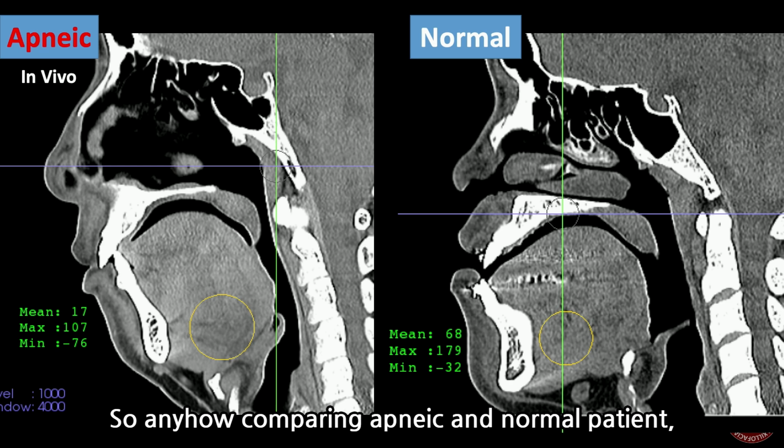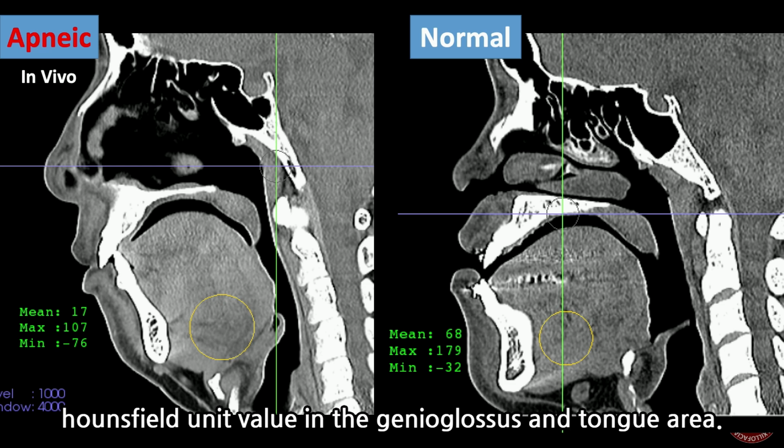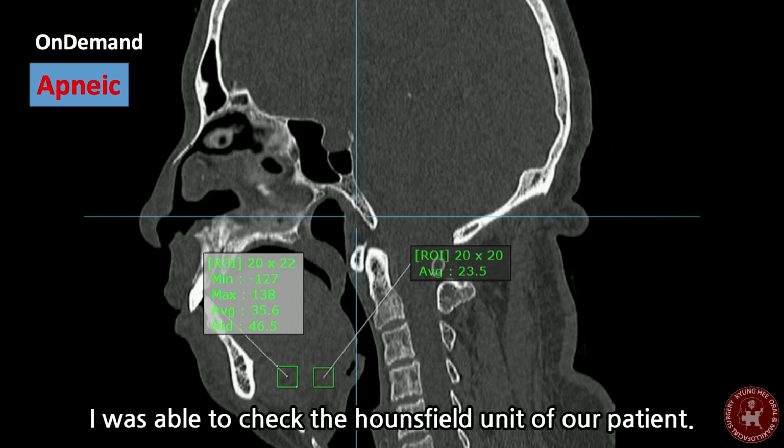So anyhow, comparing apneic and normal patients, you can check the significantly lower Hounsfield unit value in the genioglossus and tongue area. Using another software, I was able to check the Hounsfield unit of a patient.